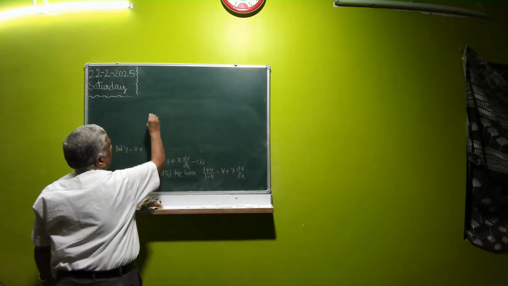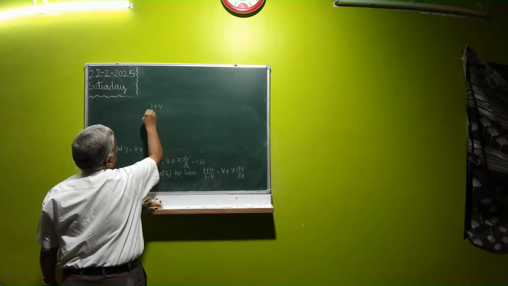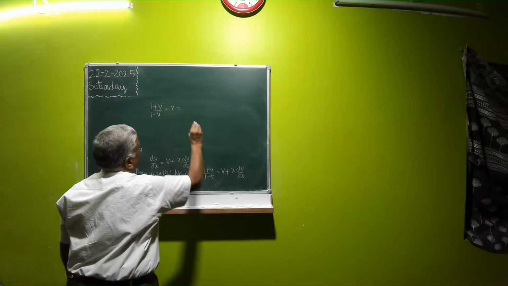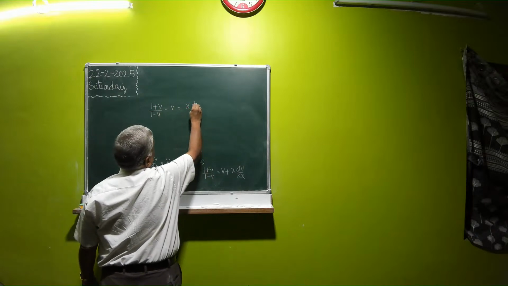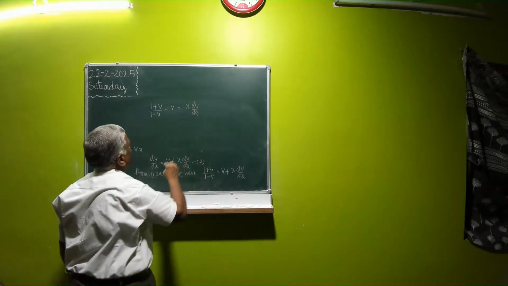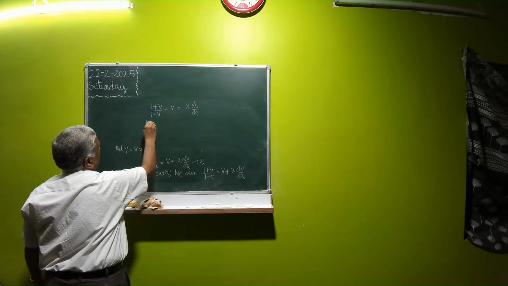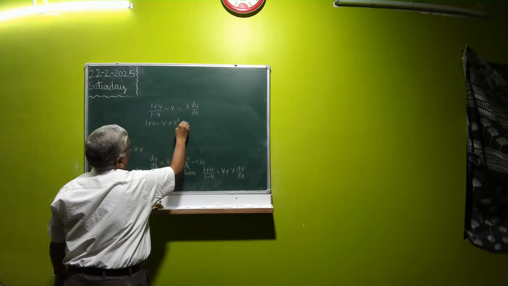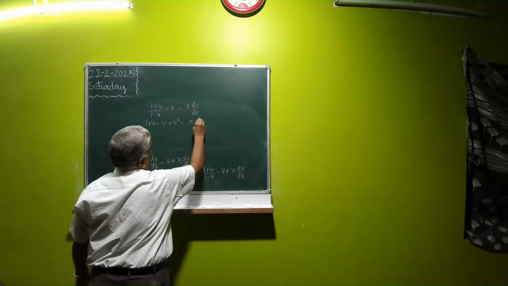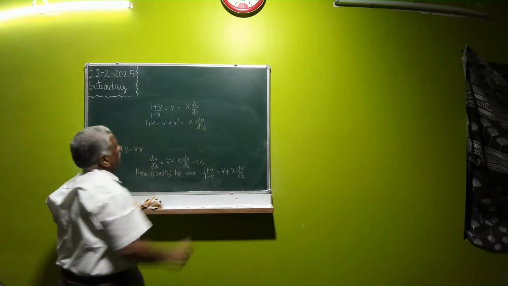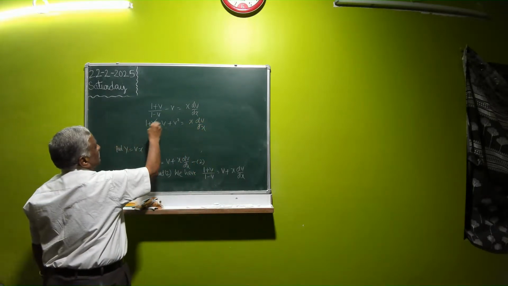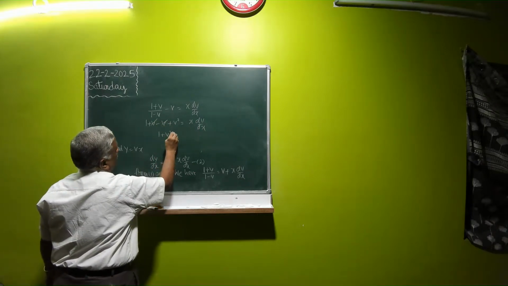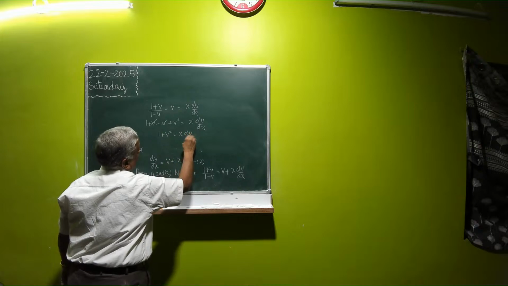So you can write (1 plus v) by (1 minus v) minus v is equal to x dv by dx. This is algebra only. 1 plus v minus v plus v square is equal to x dv by dx. So v and v cancel. 1 plus v square is equal to x dv by dx.